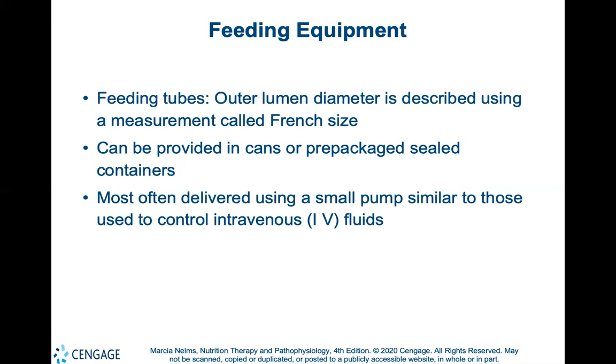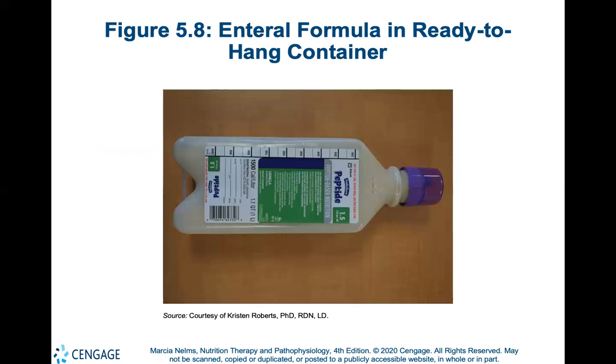Enteral formulas can be provided in cans or in prepackaged sealed containers. Enteral nutrition is most often delivered using small pumps, similar to those used to control IV fluids. Figure 5.8, enteral formula in a ready-to-hang container.